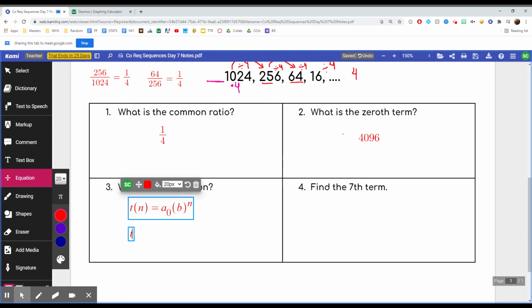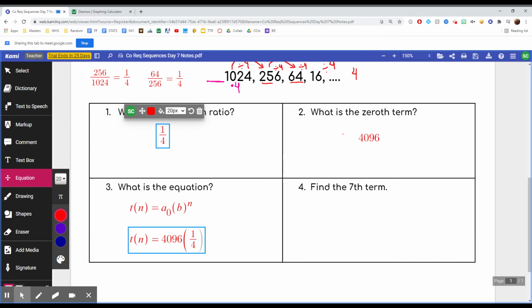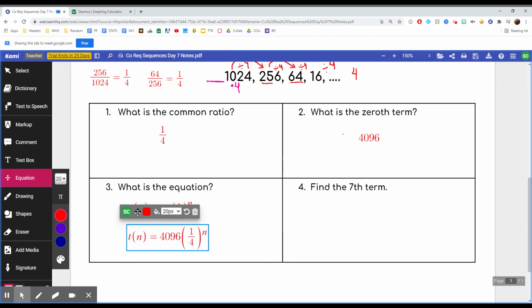So I'm going to say T of n is equal to a sub 0, which is my zero term, 4096, multiplied by my common ratio, which is 1 over 4. Close that, shift 6 to type my exponent, which is n in this case, since this is the actual equation.